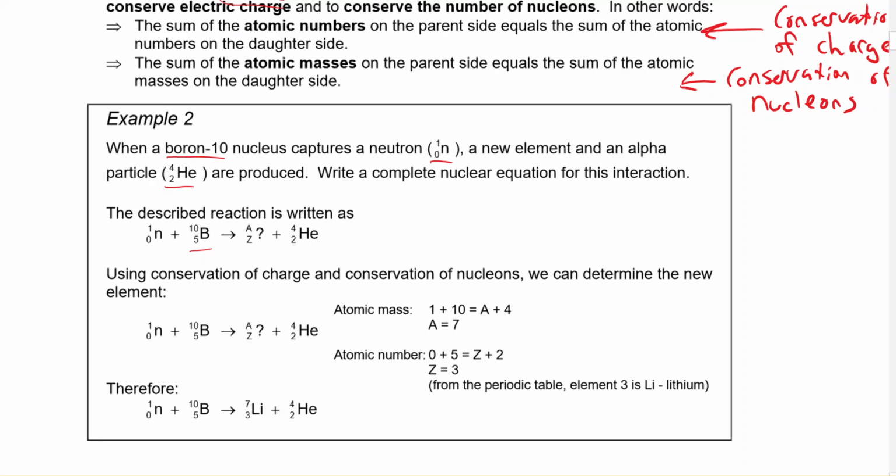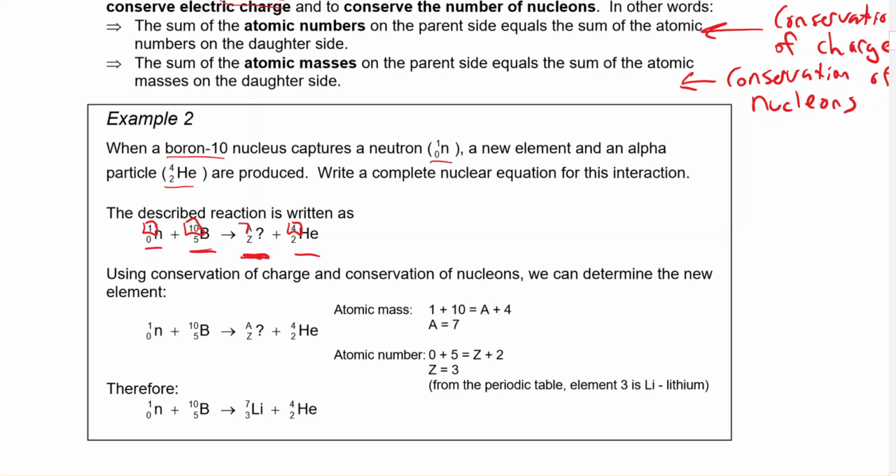So we know this neutron plus this boron 10 atom must create helium and then something else. My nucleons before need to add up to my nucleons after. So before I had 11 on this side, and after I've got 4, so I'm going to need 7 more. So this must be a 7.